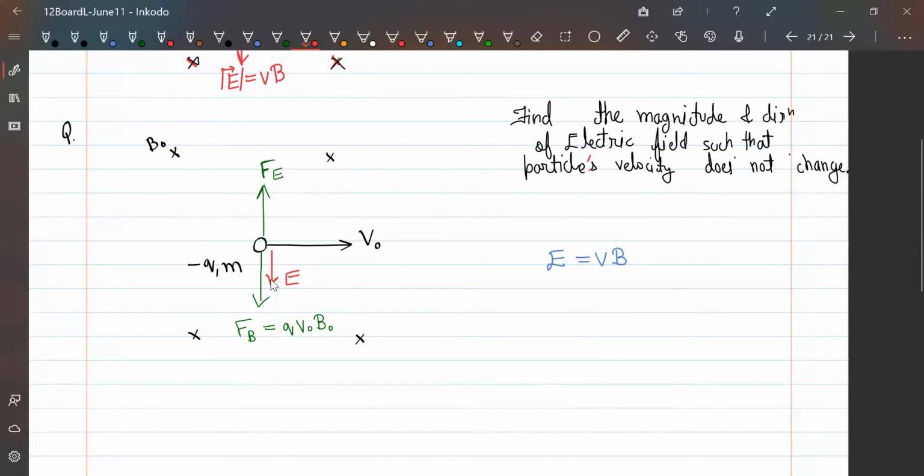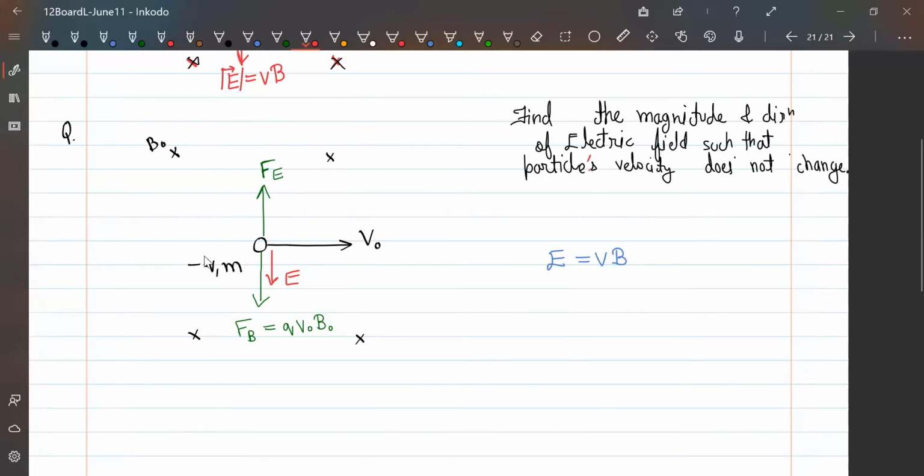No, sir. Can you repeat? See, force due to magnetic field is in the downward direction. So force due to electric field should be in the upward direction. The force on a negative charge acts opposite to the direction of the electric field. Electric field tells you the direction of the force on the positive charge.